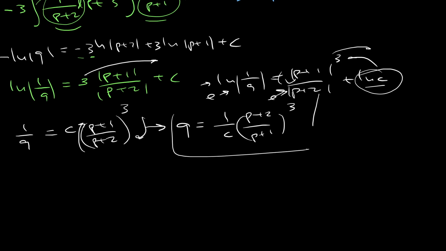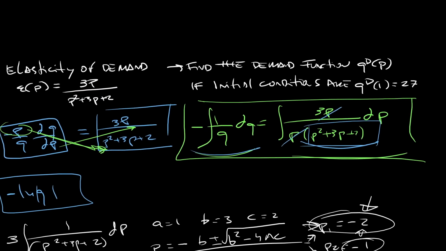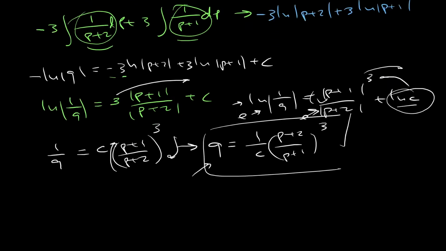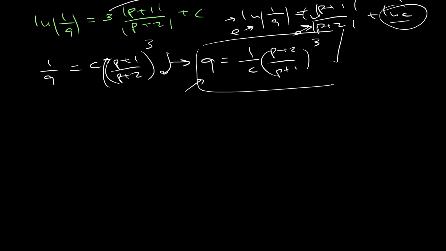So we have the expression now. We are told in the beginning that q of 1 is equal to 27. So all we're doing right now is just substituting back the element. So 27 is equal to 1 divided by c, and now we have 1 plus 2, and then 1 plus 1.